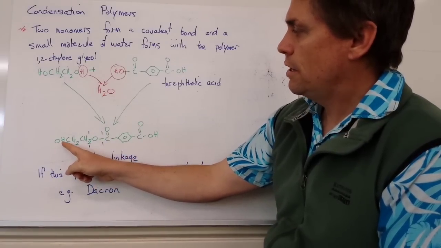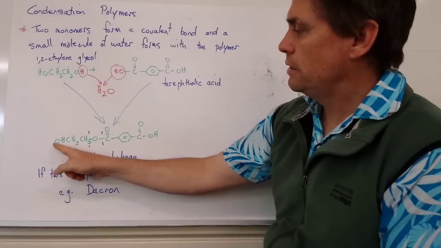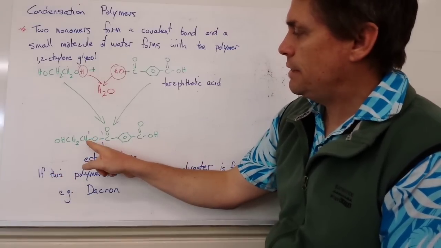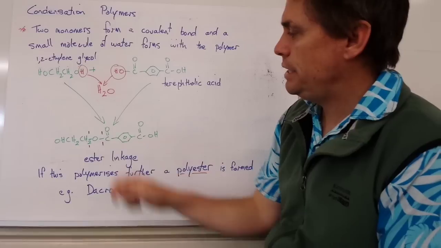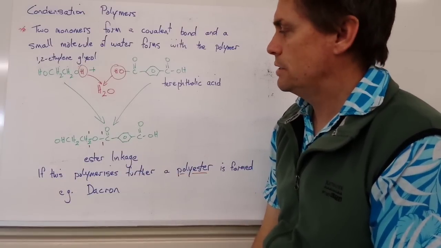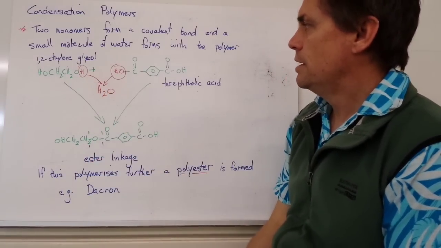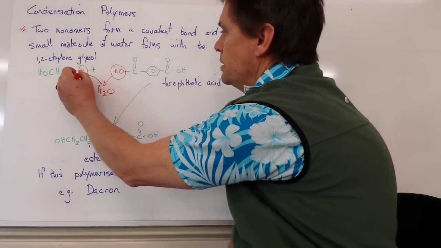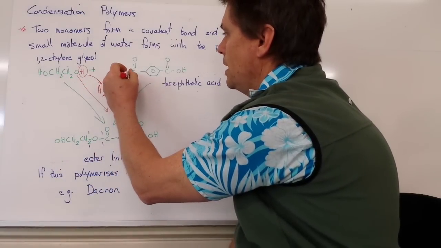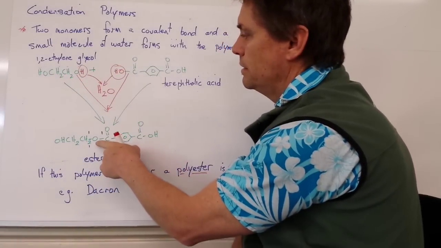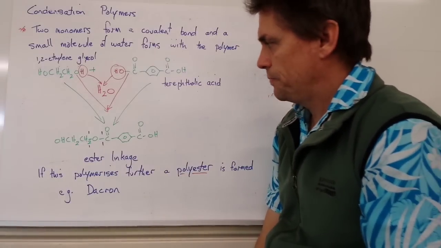So you'll notice I've still got my alkanol group on the left-hand side, but I get this COC group here, which is our ester group, formed in the middle between our two molecules. So we form the bond between that particular one and that particular one through this ester linkage.